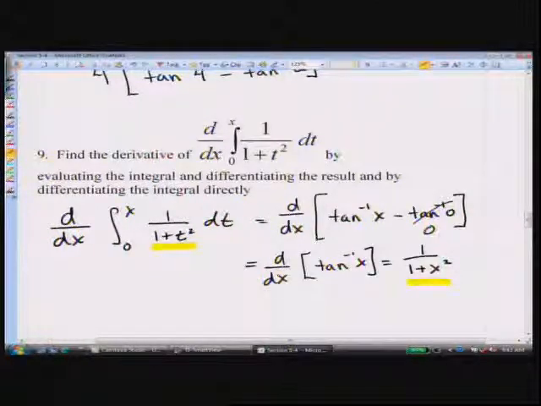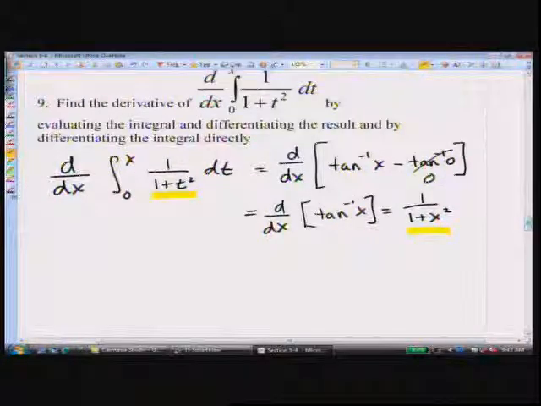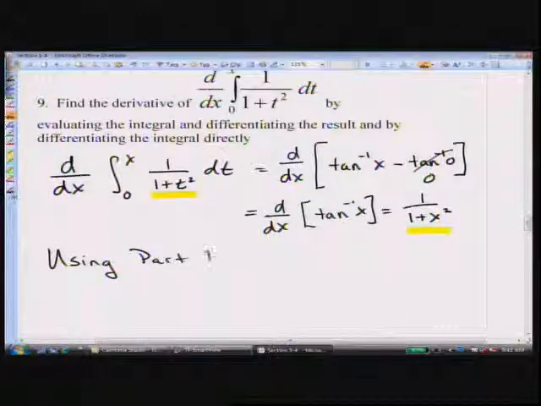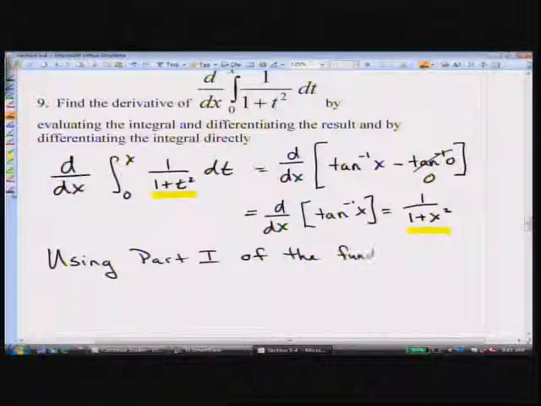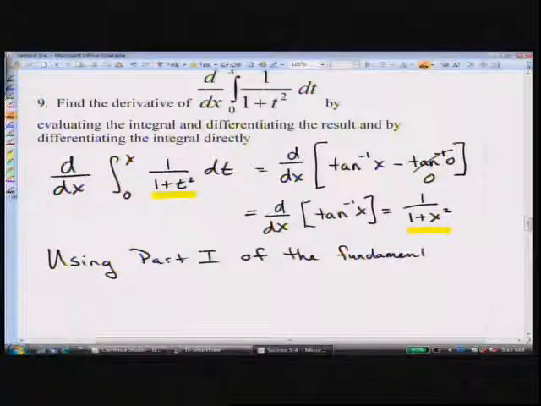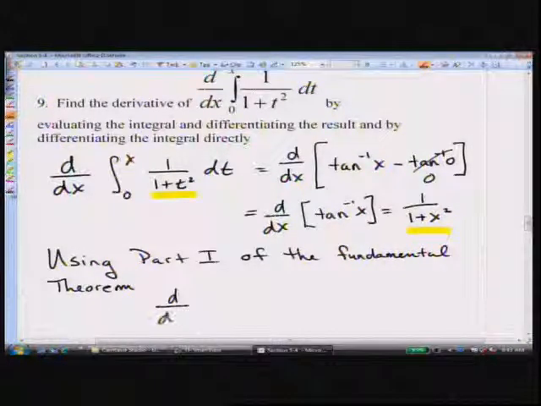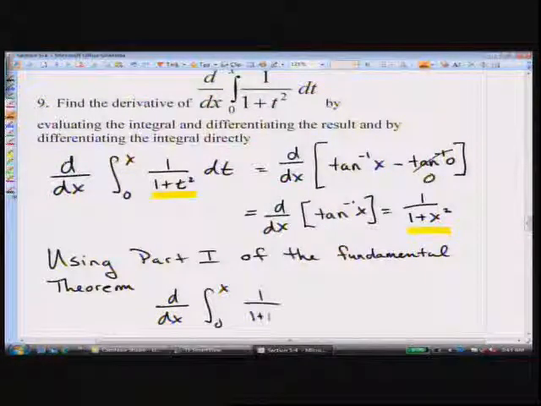So first we evaluated the integral, which is what we did right here, and differentiating the result, which is what we did there, and then differentiating the integral directly. That means using part one of the fundamental theorem. The derivative with respect to x of an integral, they undo each other.